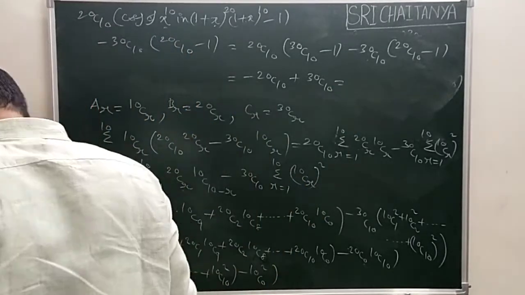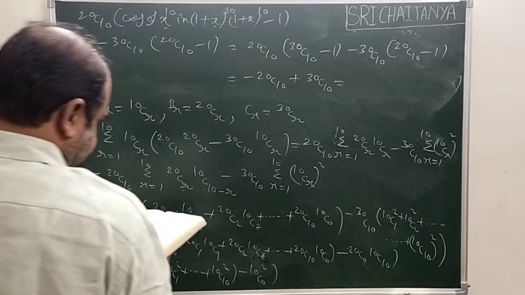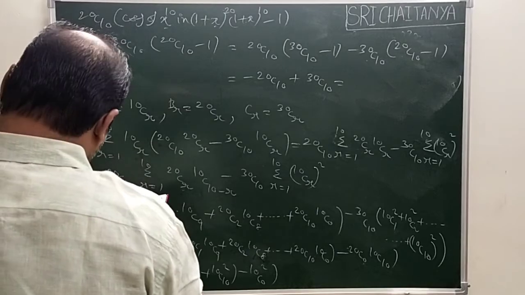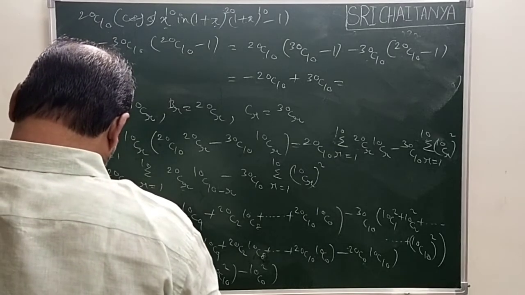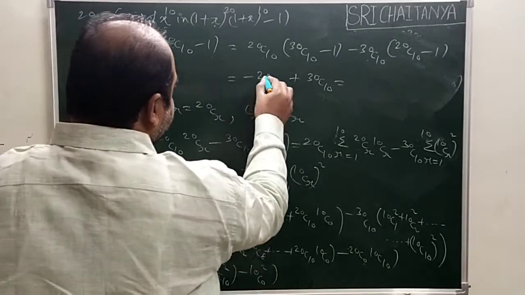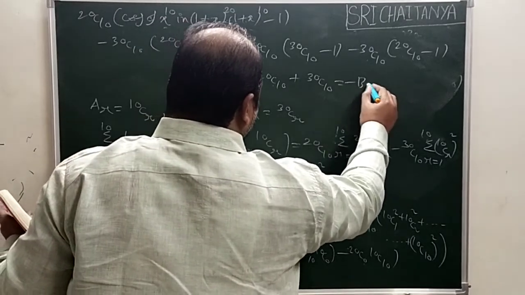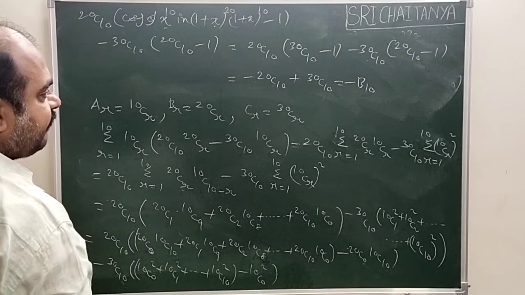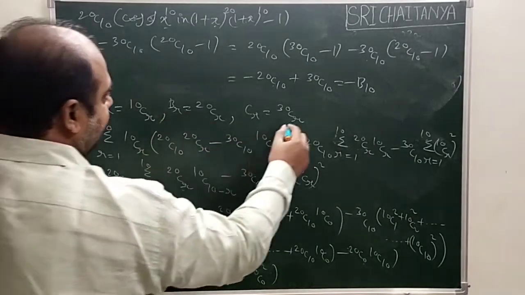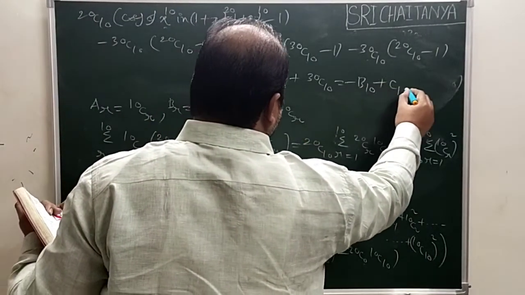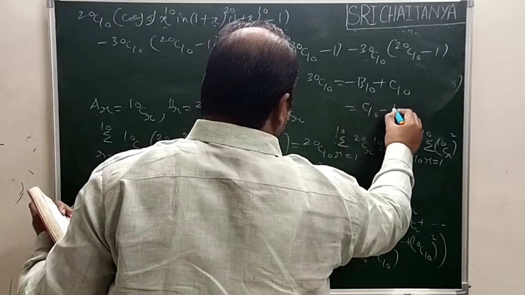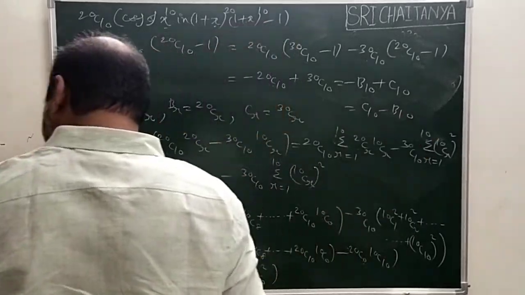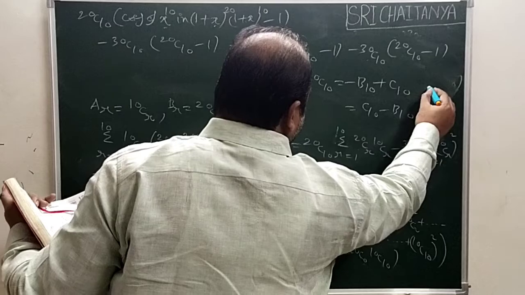So what is the expansion given? 20C10 is b_10, the coefficient of x to the power 10 in (1 plus x) to the power 20. Look at minus b_10 plus c_10. So therefore this is nothing but c_10 minus b_10. Therefore option D is correct.